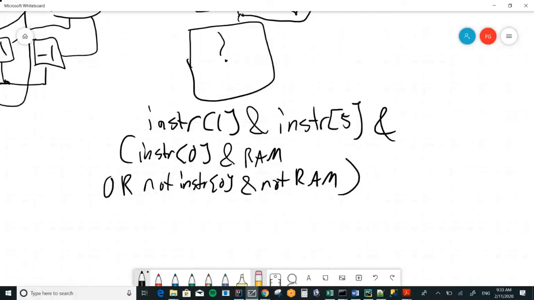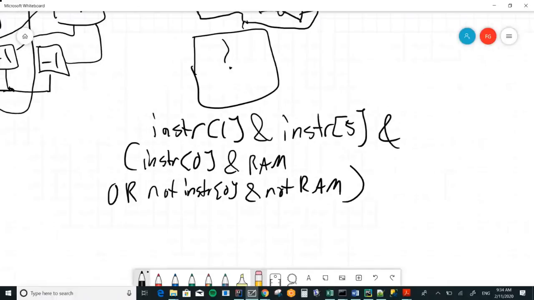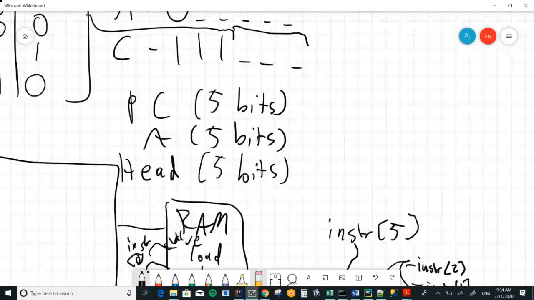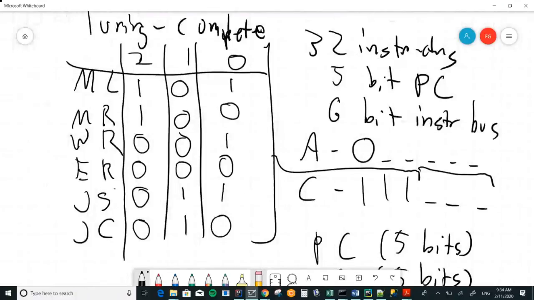A lot of it is like instruction 5 and the table that you made with all the rules. You mean this? I don't know how to really explain it. What was instruction 5? So this is instruction 5 right here.